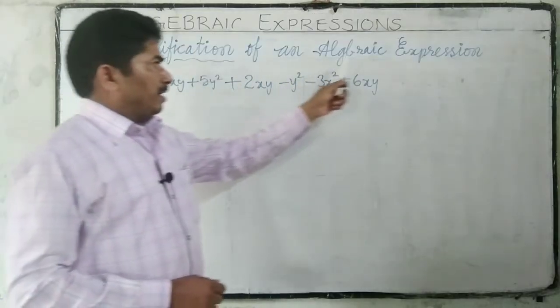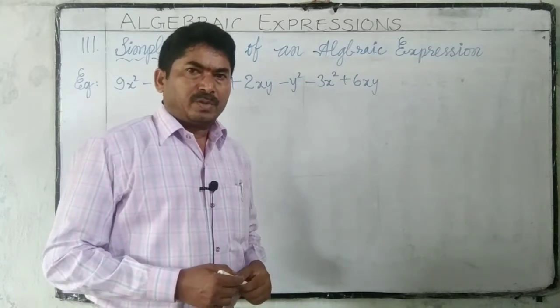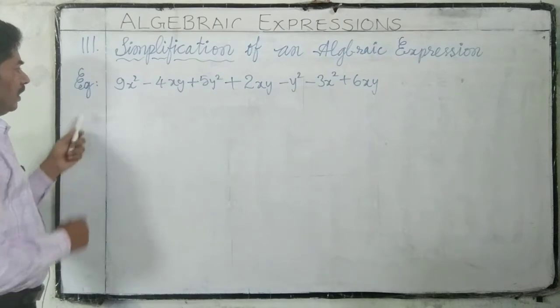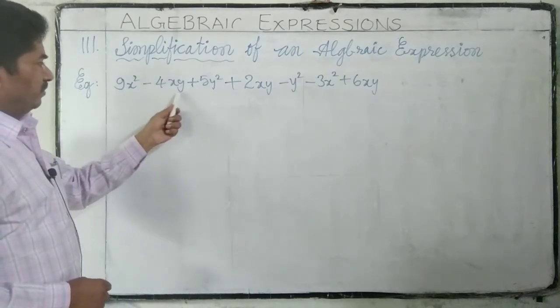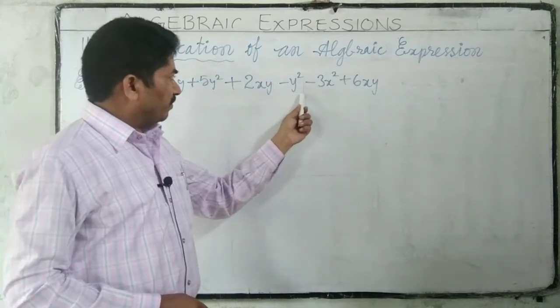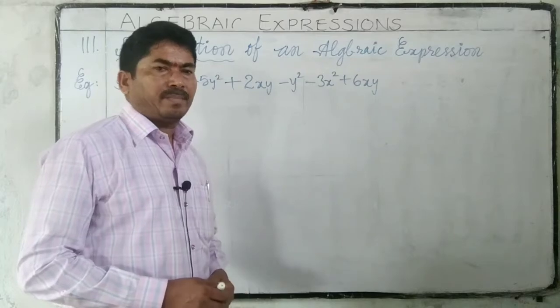Simplification of an algebraic expression. To understand simplification, here we have an example: 9x square minus 4xy plus 5y square plus 2xy minus 5y square minus 3x square plus 6xy.